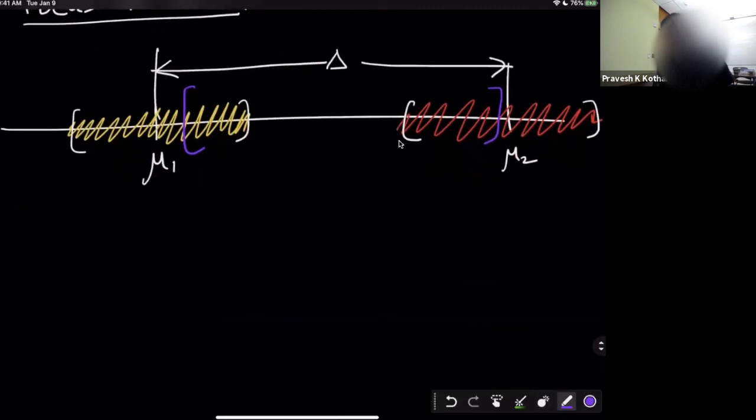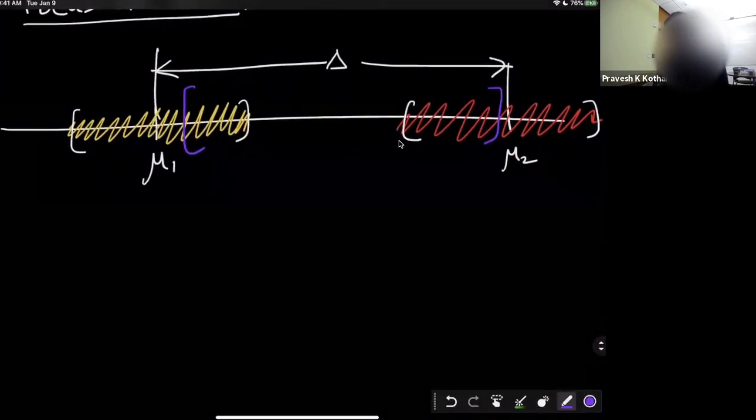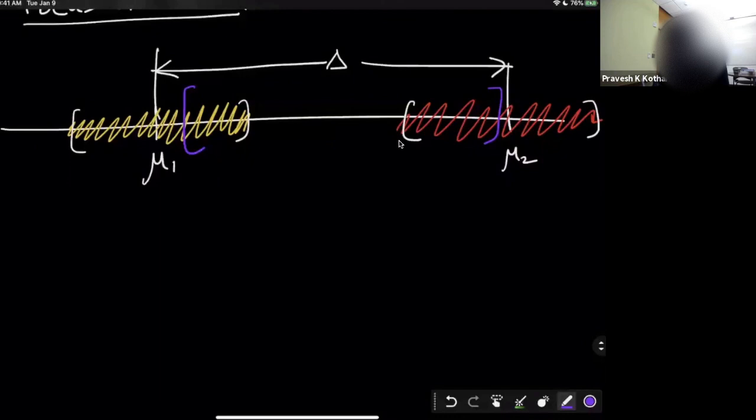So can somebody unmute themselves and guess a property like that? What's the difference between the purple bracketed points and the yellow and red points? What's a property that distinguishes between these two kinds?